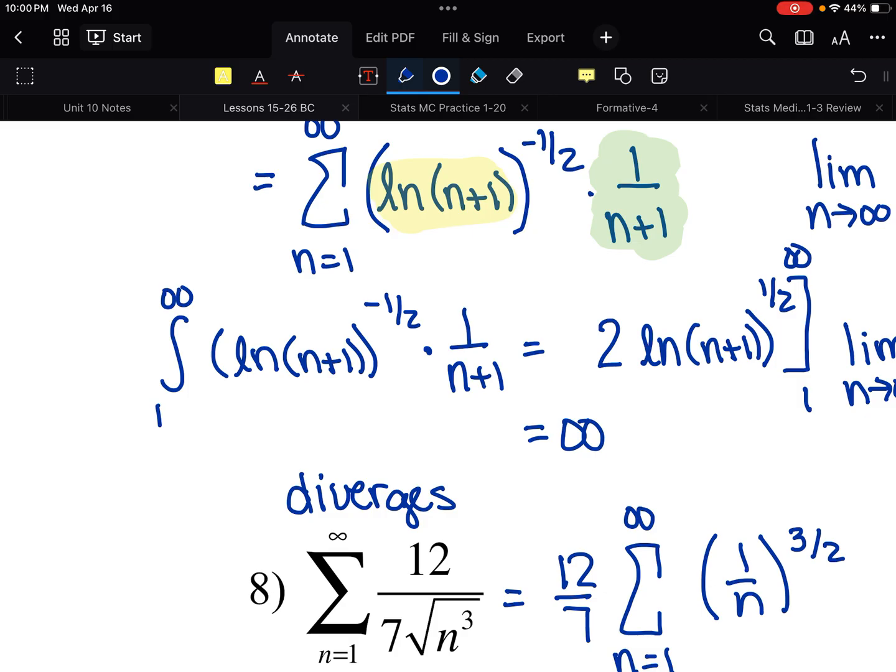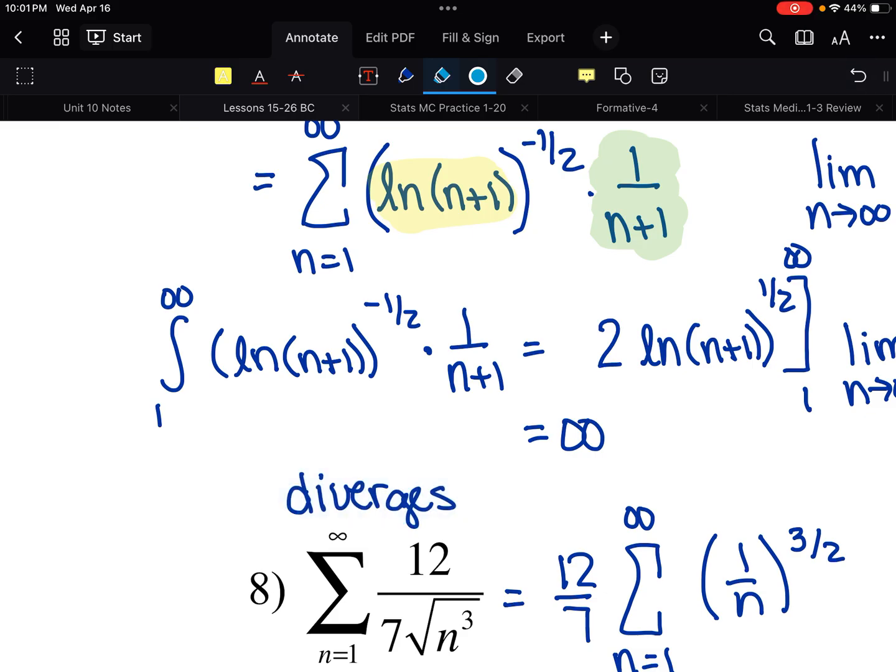And when you evaluate that from 1 to infinity, infinity plus 1 is infinity. Natural log of that is infinity. Square root of infinity is infinity. Times 2 is infinity. So the integral does not exist because the integral is infinity. If the integral doesn't exist, the sum doesn't exist. So that's a divergent series.